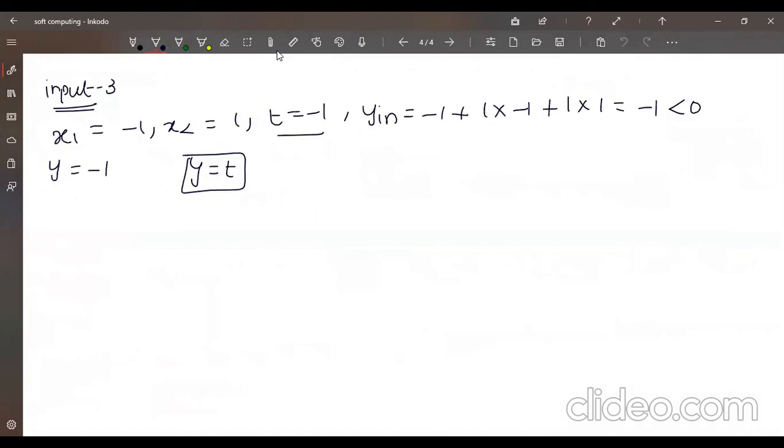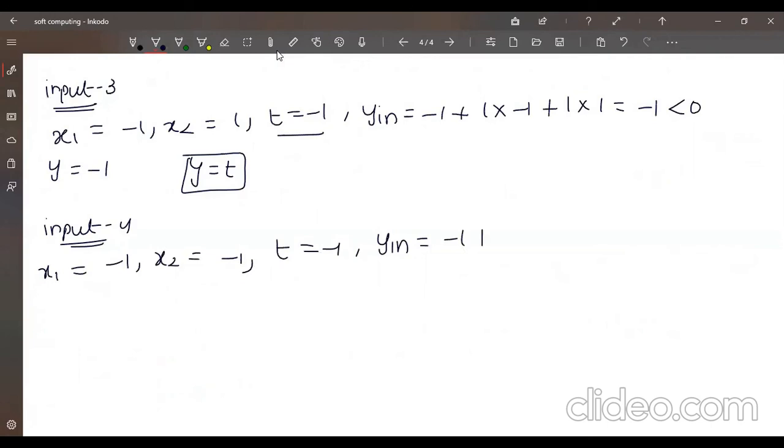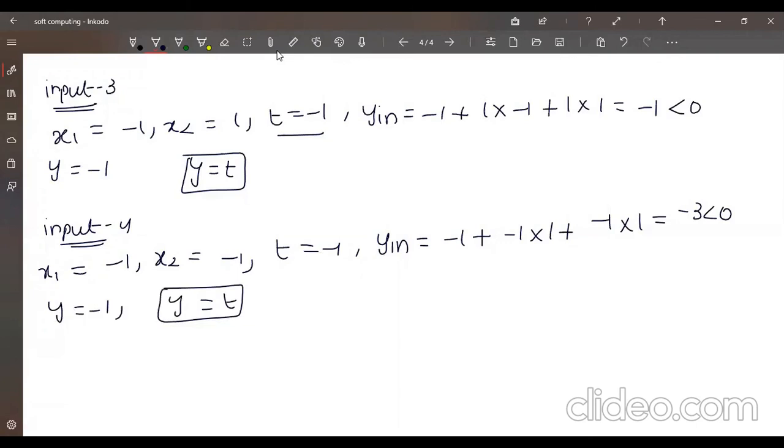See, for input 4 in the second epoch, x1 is equal to -1, x2 is equal to -1, and target value is equal to -1, and y in is equal to bias value -1 plus x1 -1 into W1 1 plus x2 -1 into W2 1. So we get -3, which is less than 0. So y is equal to -1 and target value is also -1. y is equal to t.